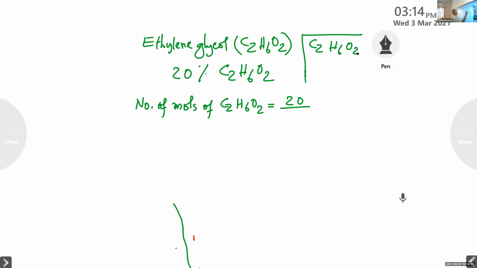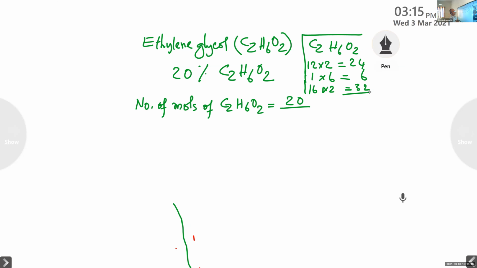C2H6O2. Carbon atomic mass 12 into 2 is equal to 24. Hydrogen atomic mass 1 into 6 is equal to 6. Oxygen atomic mass 16 into 2 is equal to 32. Now you add all this.